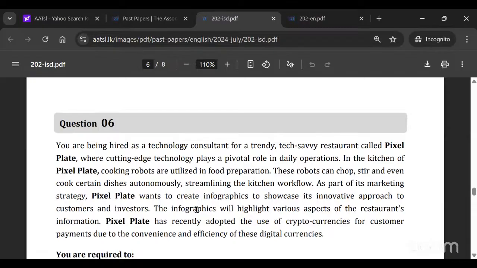As part of its marketing strategy, Pixel Plate wants to create infographics to showcase its innovative approach to customers and investors. The infographics will help highlight various aspects of the restaurant's information. Pixel Plate has recently adopted the use of cryptocurrencies for customer payments due to the convenience and efficiency of these digital currencies.